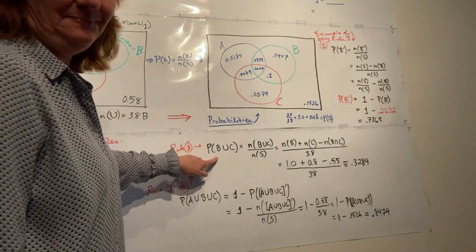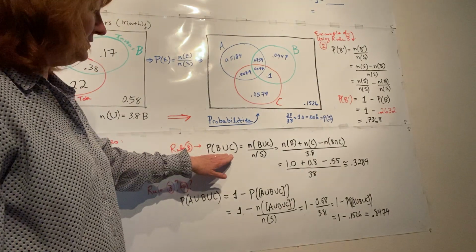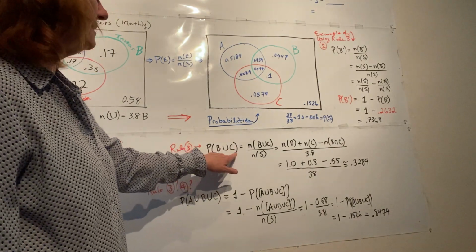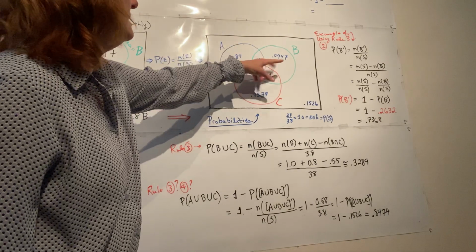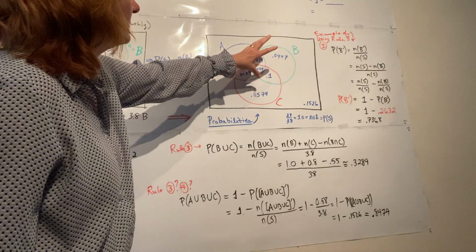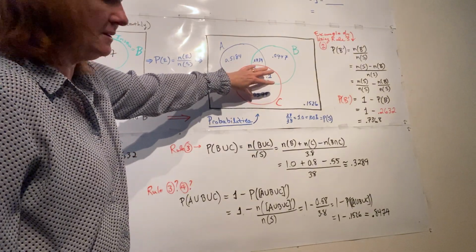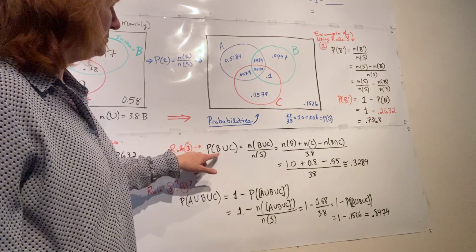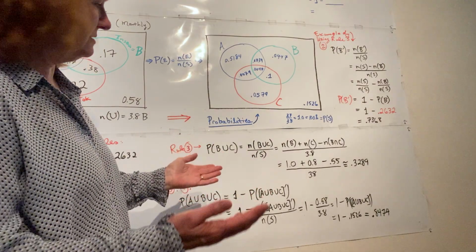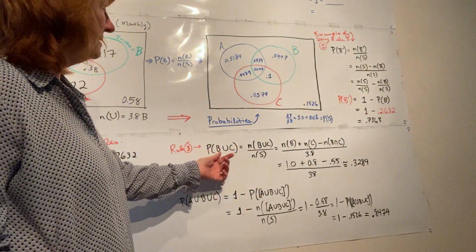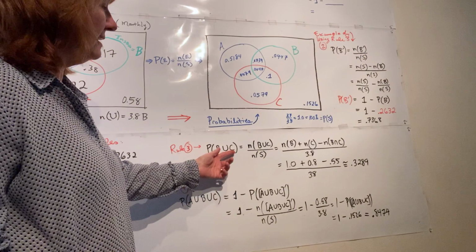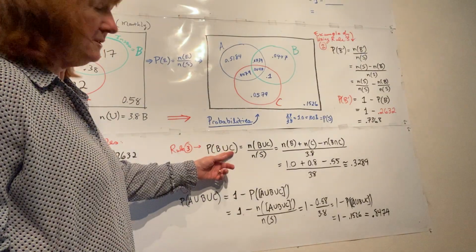Okay, so the probability of the union of 2 events. What are the 2 events here? B and C. B is the set of all Instagram users, and C was the set of all TikTok users. So what's the probability that a social media user is either an Instagram user or a TikTok user?